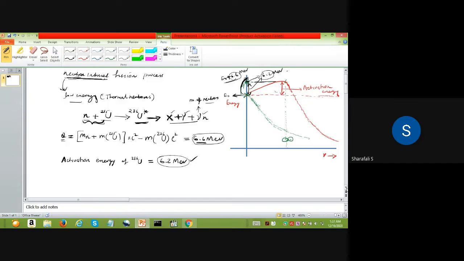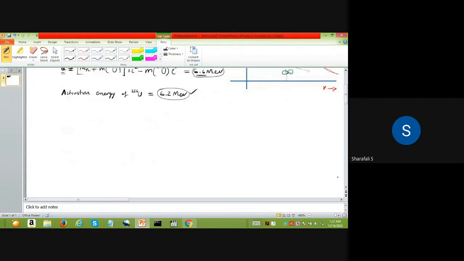Now if we consider another example, let's take a neutron which is absorbed by uranium 238, and it will become uranium 239 in the excited state.